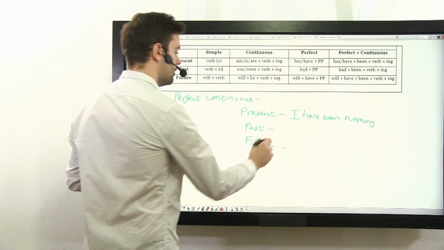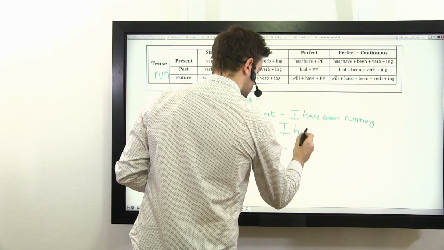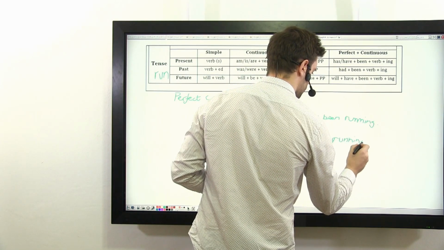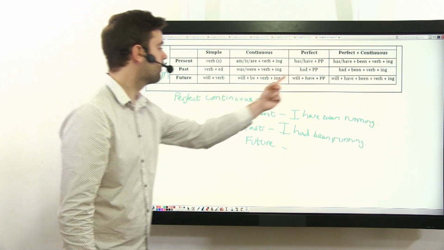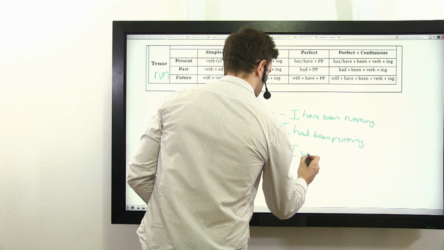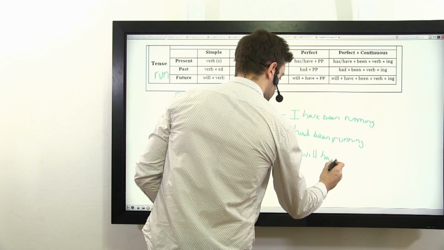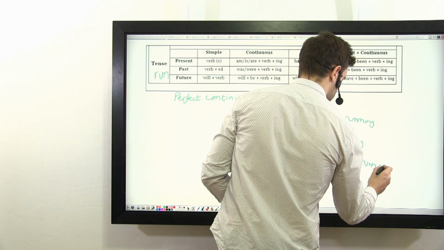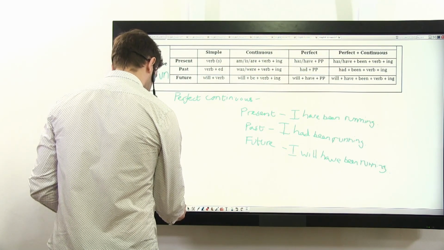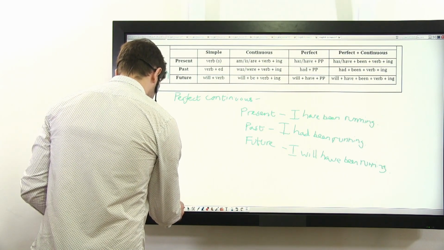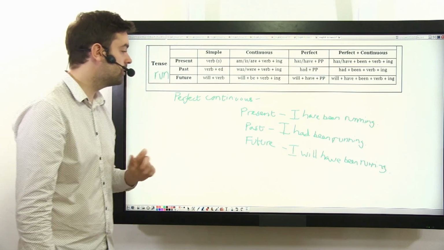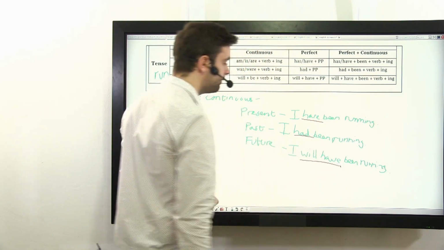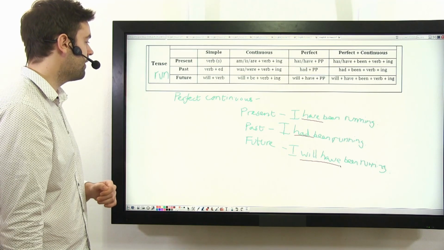The past: I had been running. And the future: I will have been running. So again, with the perfect continuous, the have changes in the tenses: have, had, will have. And this is the perfect continuous tenses.